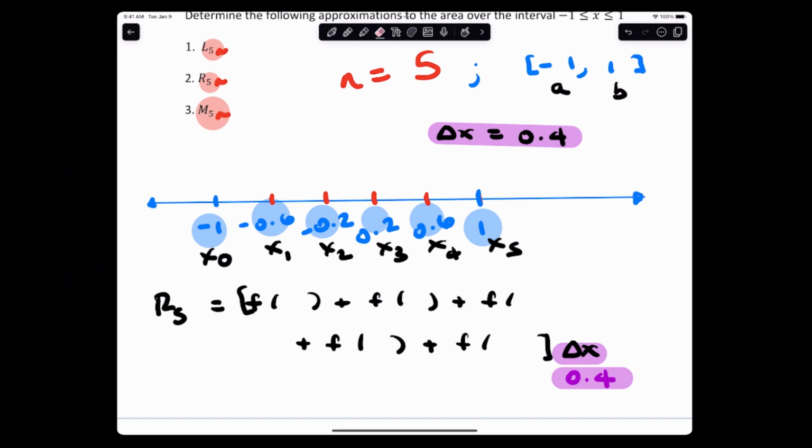So you might say, what changes now? Well, what changes is this. You start now for the right endpoints. You start at x1, you go to x2, x3, x4, and x5.